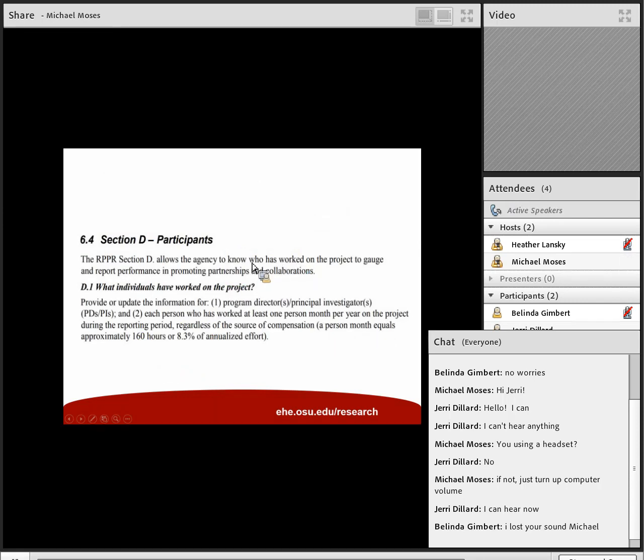This is what you see when it comes to NIH guidance, and the same goes for U.S. Department of Ed, NSF, all of the other federal agencies. Might be different from grant mechanism to grant mechanism, but for the most part, when you go to do your annual progress report, they want to know everybody.